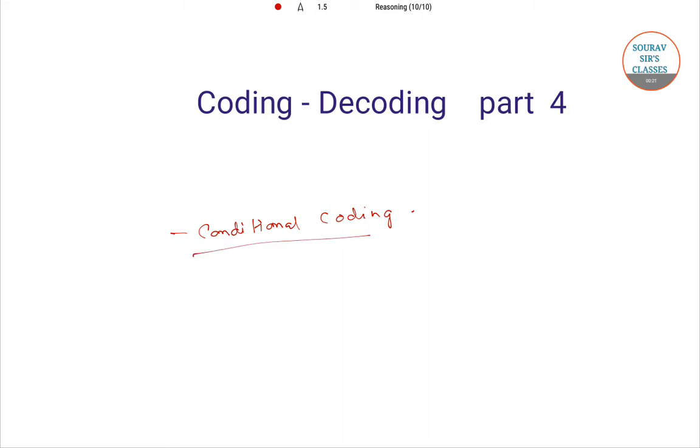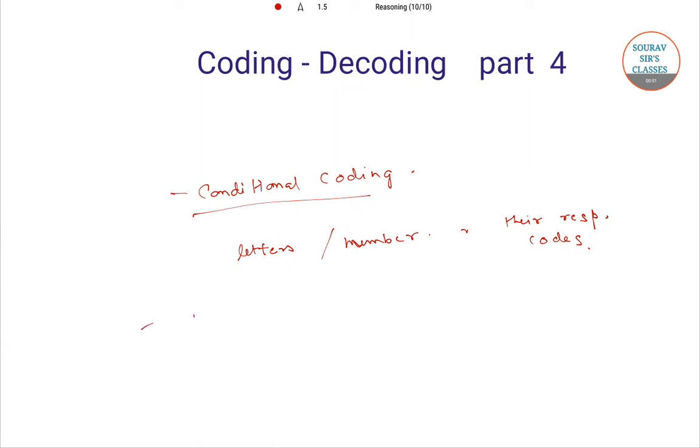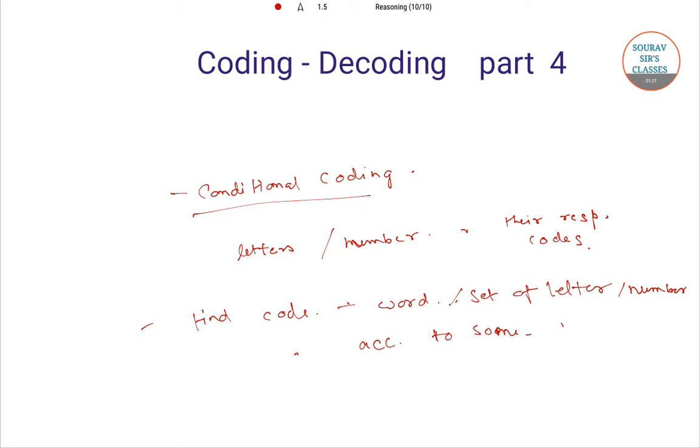Here, in this pattern of questions, we are given the letters or numbers, and we are also given their respective codes along with them, and then we have to find the code of a particular word or set of letters or numbers according to some given conditions.